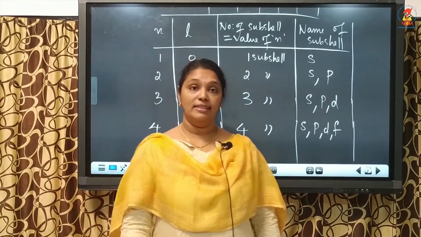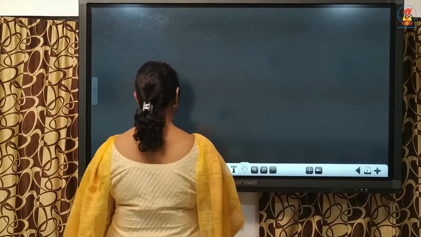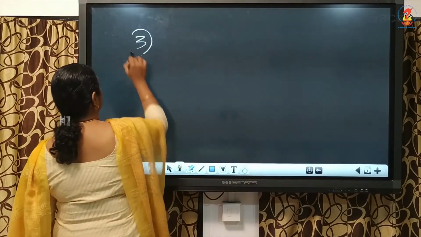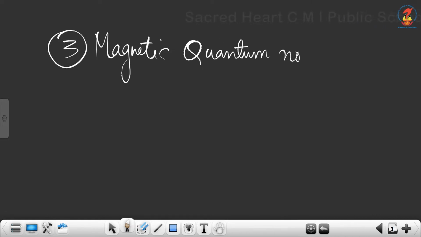Now next, the third quantum number. The third one is the magnetic quantum number, denoted by small m.